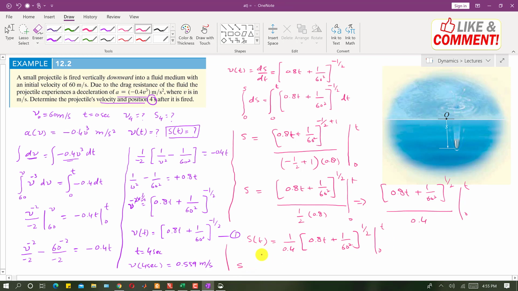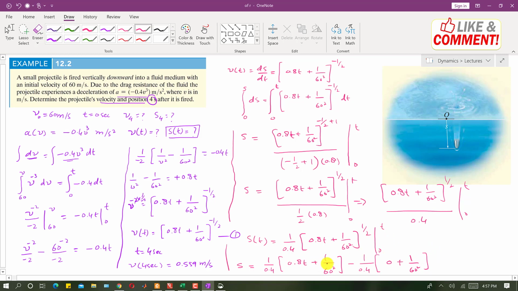Now we will apply the boundary condition as well. So this s of t will be equal to 1 divided by 0.4 times, when we put t in the whole equation, (0.8t + 1/60)^2 to the power 1/2, minus the value when we put 0 in the whole thing, where 0.8 into 0 becomes 0, so plus 1/60 squared.